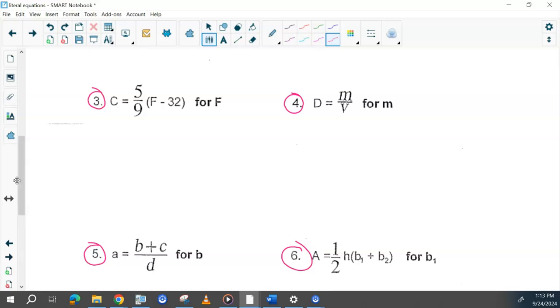Alright, so starting with number 3. We have to get f by itself, which is inside parentheses. We could distribute, or we could multiply both sides by the reciprocal. Take it, flip it, and multiply. Which would we rather, distribute or multiply by the reciprocal? Okay, so if we distribute, we're going to end up with 5/9 for both. Go ahead and multiply 5/9 and negative 32.